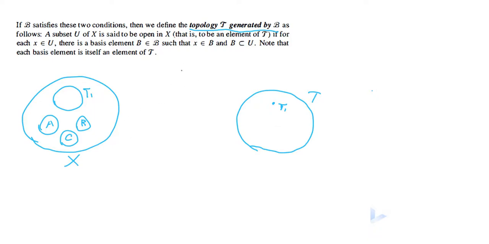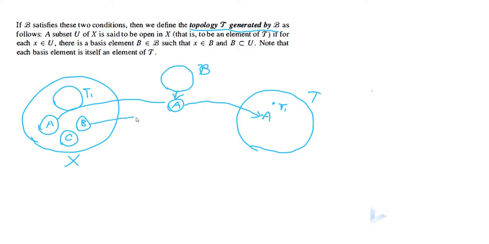And the method is that we can use the basis B. This basis can determine which subset of the set X is an open set. For example, if we have the subset A here, then this basis B will judge if this A is an open set or it is not open. If it is open, then we can put it in this collection T, like this.